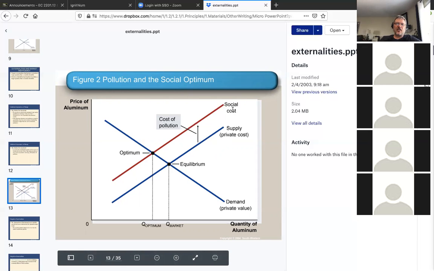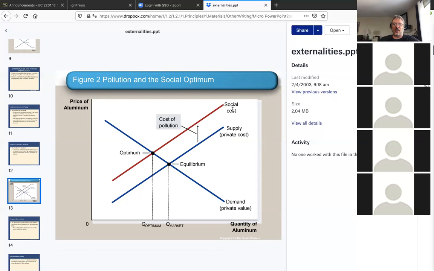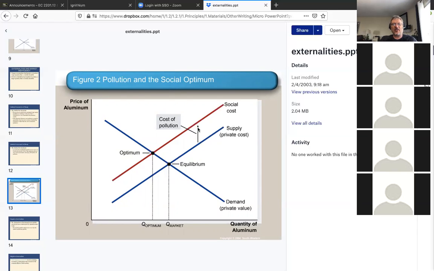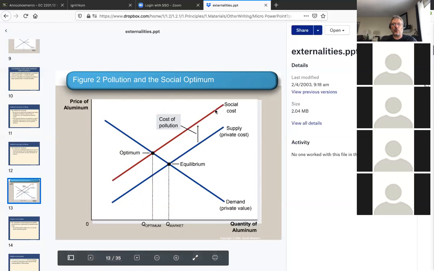The social cost includes all of society, so it's both the third parties and the private parties that are in the market. You already have the supplier's private costs in the supply curve, and then you add to that the cost of the externality, and you get the total social cost.